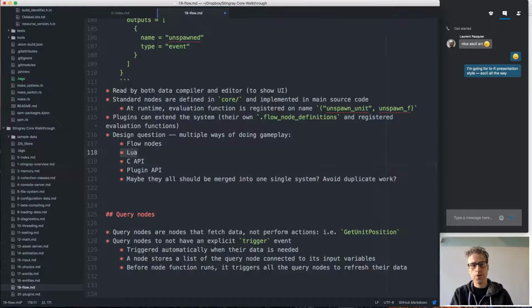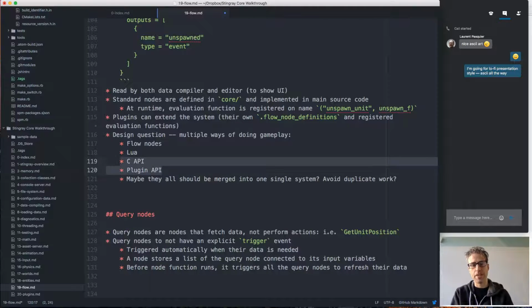We have merged, because that work is pretty complete, the Lua and the C API. Those are actually based on the same thing. The Lua functions will not call engine functions directly. They will go through the C API. So both Lua and C can be used for the same kind of gameplay.